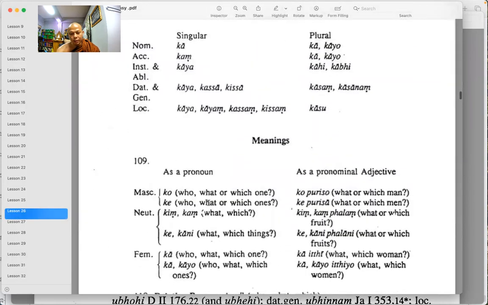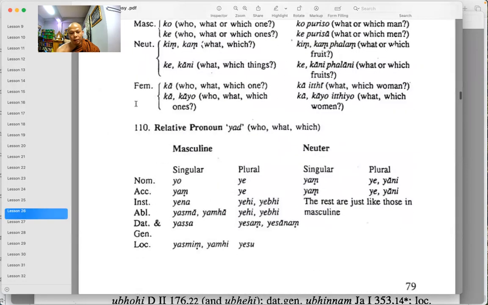In lesson 26, the relative pronoun ya has three genders. Masculine: yo, ye, yam, ye, yena, ye, yebhi. Neuter: yam, ye, yani, yam, ye, yani, and the rest.